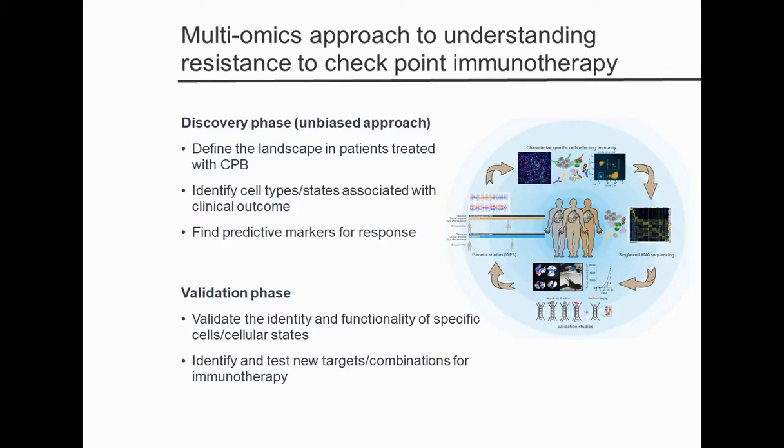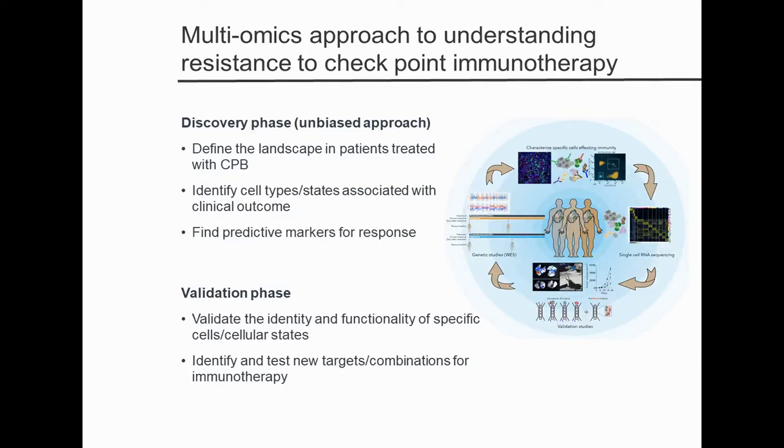The approach that we take is broken into two steps. The first step is the discovery phase, when we use both genomic and transcriptomic unbiased approaches to discover the landscape of immune cells within those tumors. Once we identified and classified those immune states and cells, we identify which of them is associated with a clinical outcome.